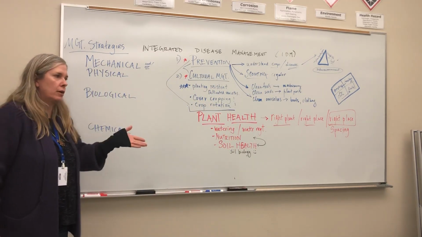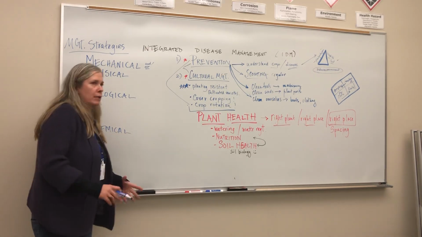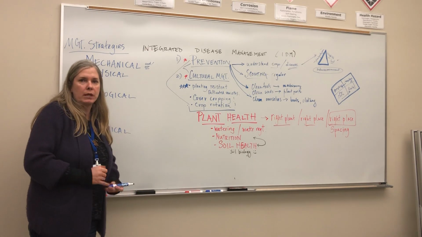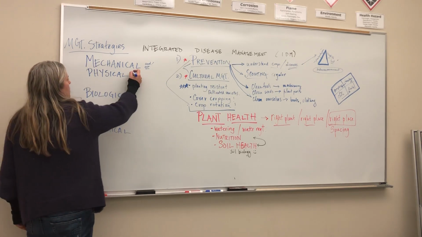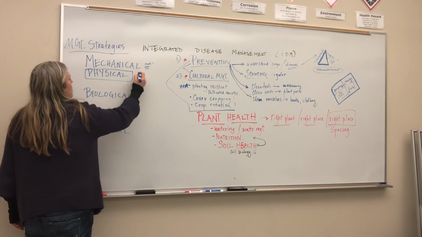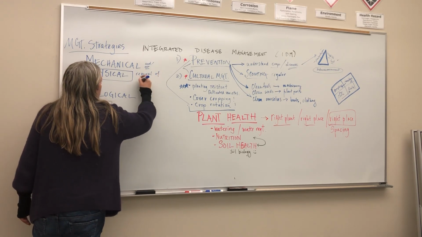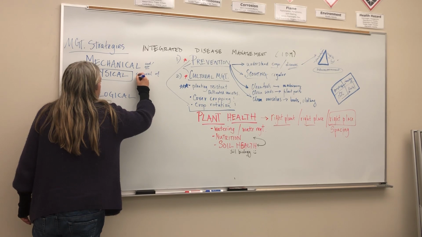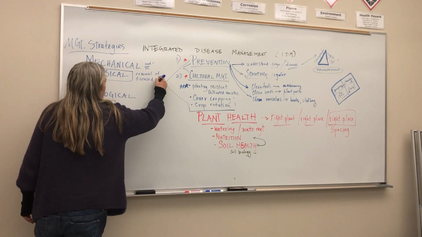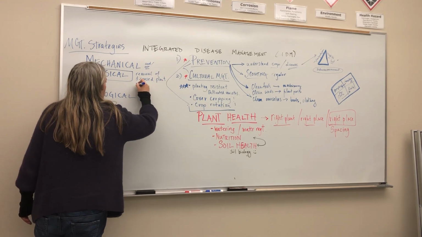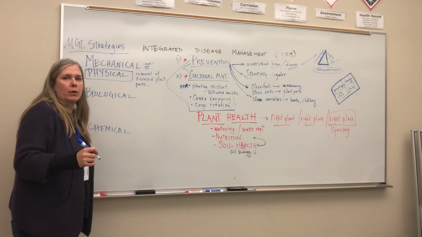Because when you're scouting your tomato field for late blight and you see some late blight, are you just going to leave it there? No. You're going to cut it off with your pruners, and that's going to be physical control. So that is removal of diseased plant parts. What are you going to do after you cut that plant part off?